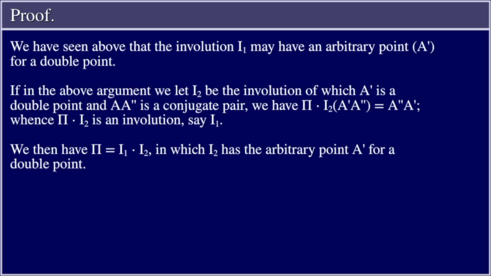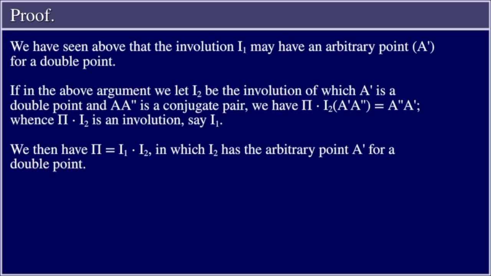Proof: we have seen above that the involution ι₁ may have an arbitrary point A' for a double point. If in the above argument we let ι₂ be the involution of which A' is a double point and A A'' is a conjugate pair, we have π·ι₂ of A' A'' equal to A'' A', whence π·ι₂ is an involution, say ι₁.